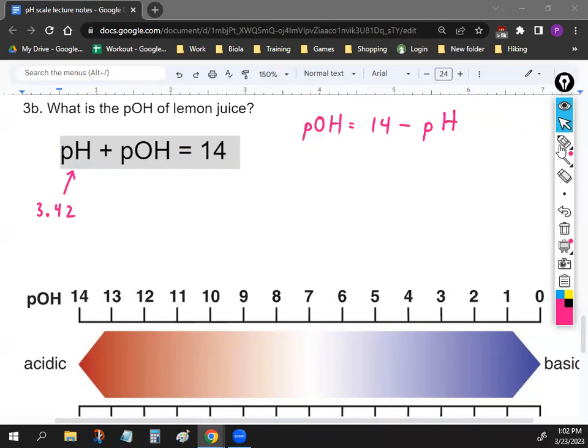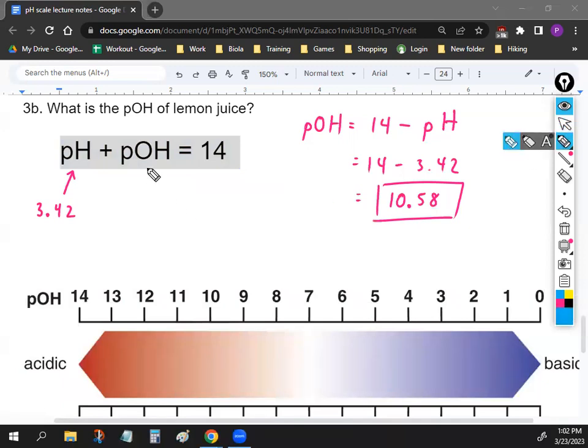If you do 14 minus pH, we said pH is going to be 3.42. That means the pOH of lemon juice is 10.58. That's how you can find pOH. So lemon juice has a pH of 3.42, and it has a pOH of 10.58.